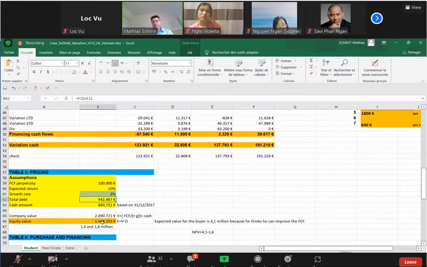But because they were on a wrong basis, they underestimate the value of their business by 200,000, which is quite a huge amount. So once again, it's just a way to value a company. I think this is a very nice summary for a class discussion.